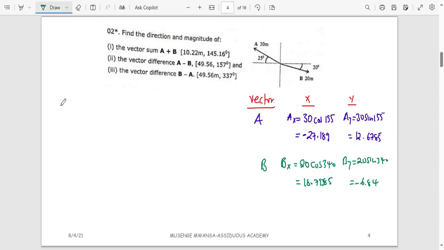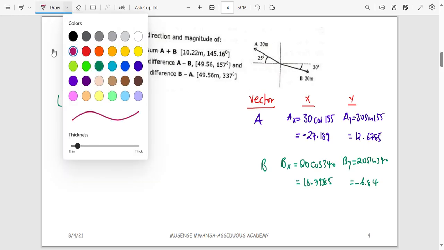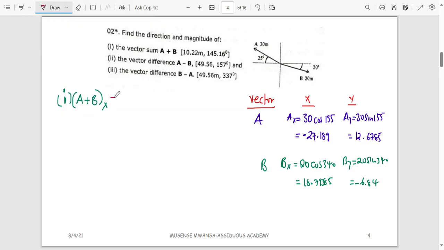So answering now the first part of the question, which is, I want to find A plus B, the sum A plus B. Now, for you to find A plus B, you first need to find the x component of the sum, and then you find the y component of the sum, and then that's when you can do it. So let's first find the x component of A plus B. It is basically Ax plus Bx.